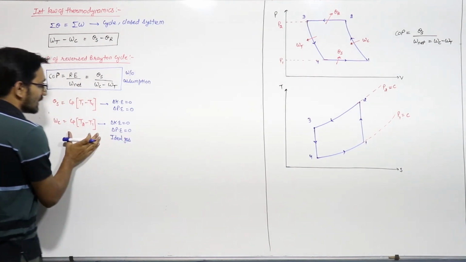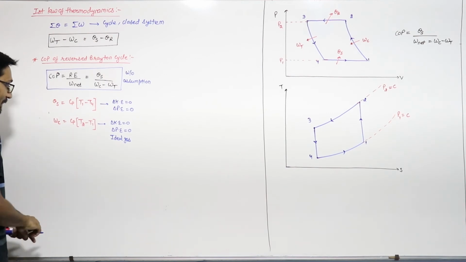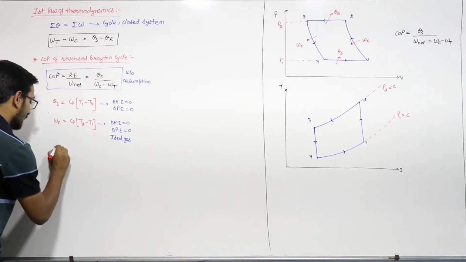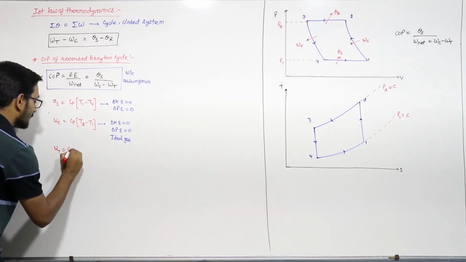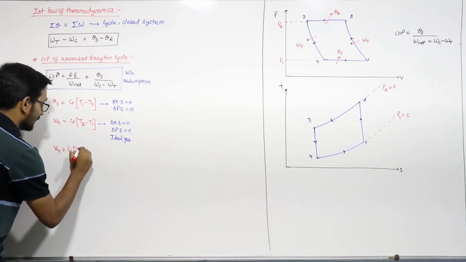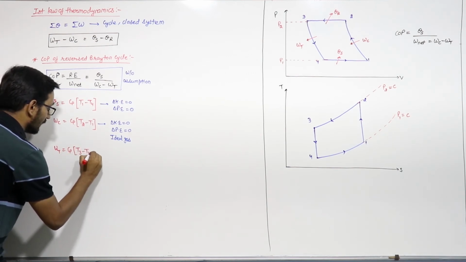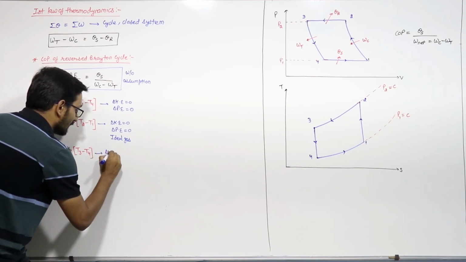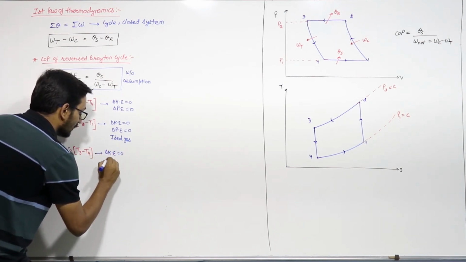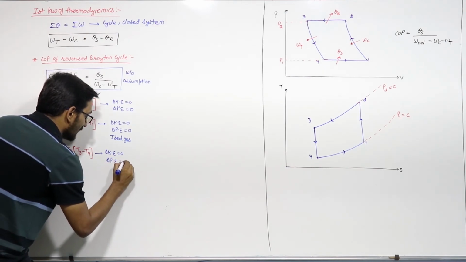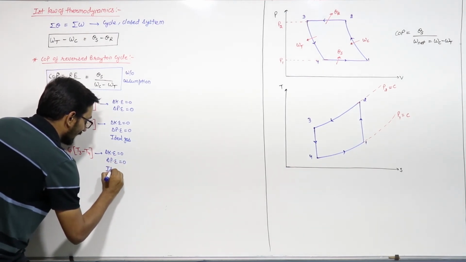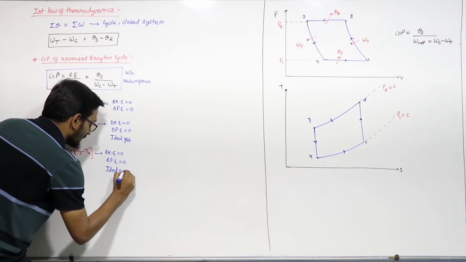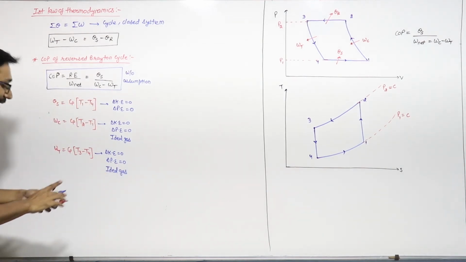You have to use this equation only for ideal gas. And the work done by the turbine will be equal to Cp into T3 minus T4, with the same assumptions: changes in kinetic energy 0, changes in potential energy 0, and ideal gas.